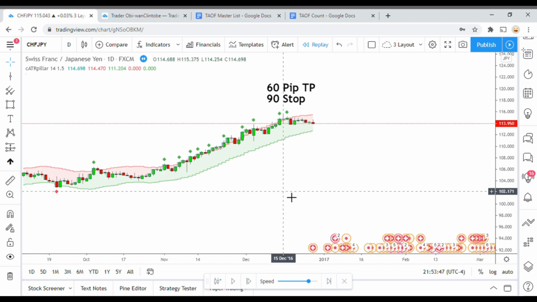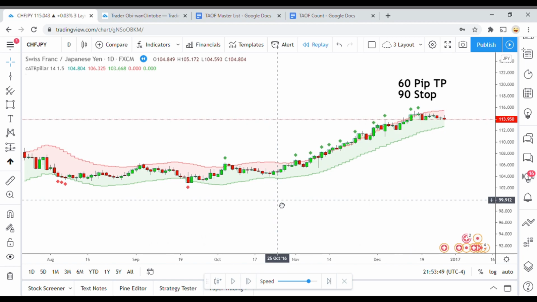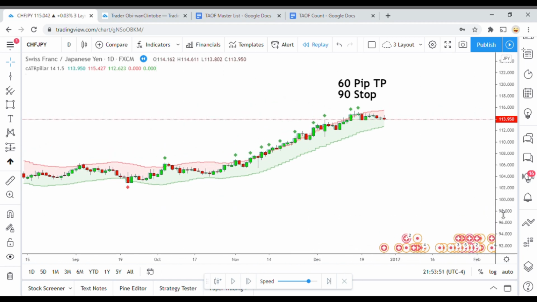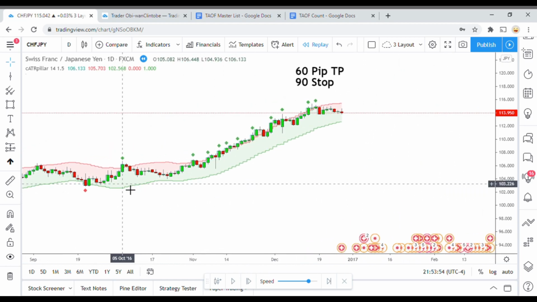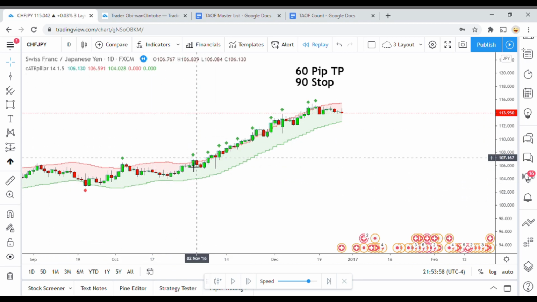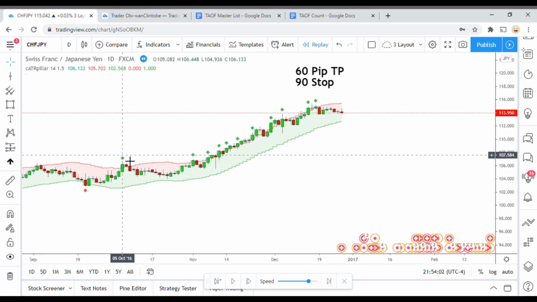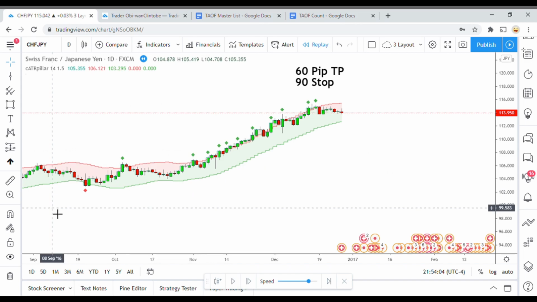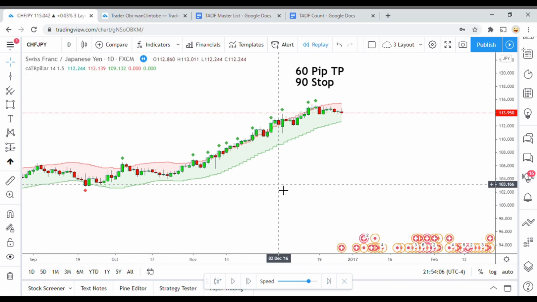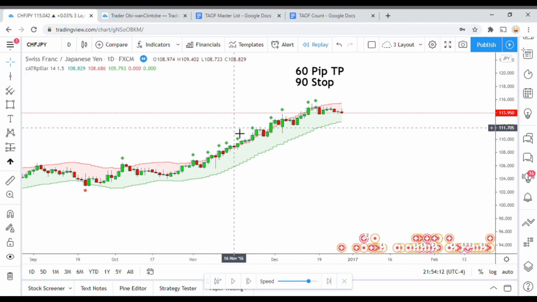And so as far as I know, there isn't any other steps to trading this, and so we have to go on the information that we have, and that's all that has been given. So like I said, when we get a green diamond, that is a signal to go long. When we get a red diamond, that is a signal to go short. That's how we will be testing it today.